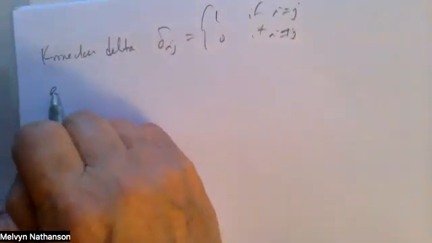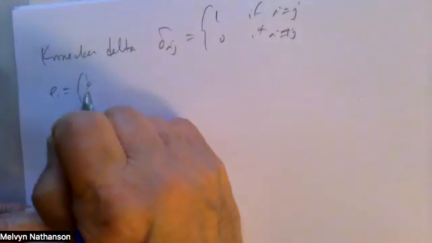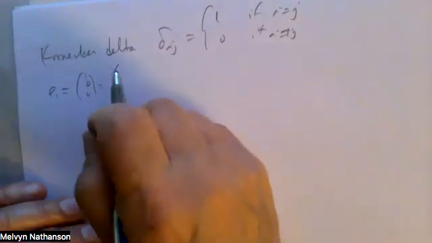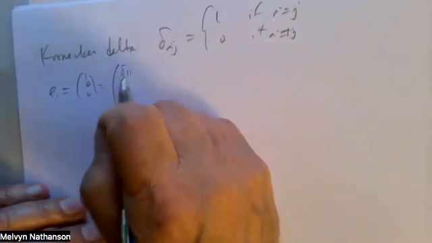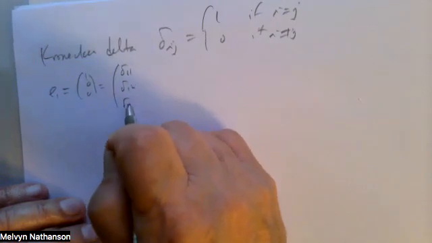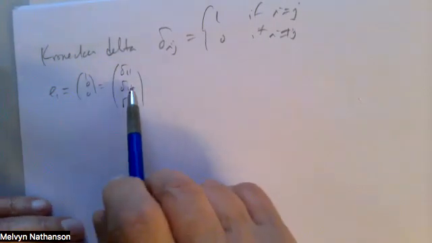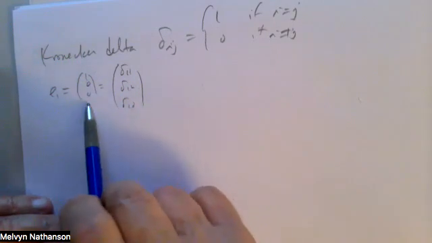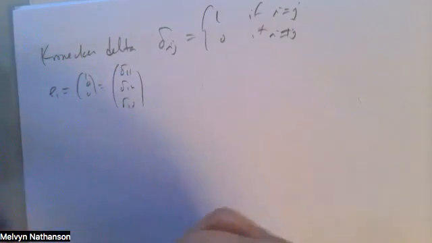So for example, the vector E1, which is (1, 0, 0), can be written as (delta 11, delta 12, delta 13). Because where the subscripts are different, you get zeros, and where the subscripts are the same, you get 1.